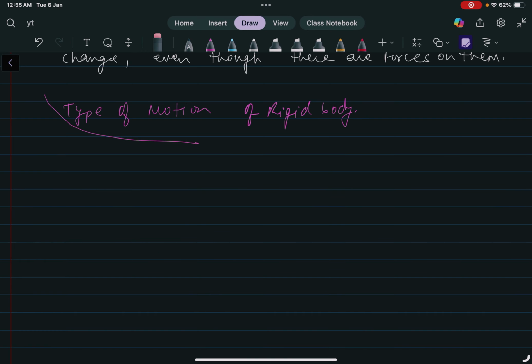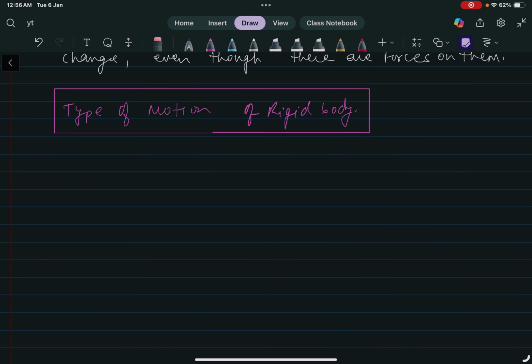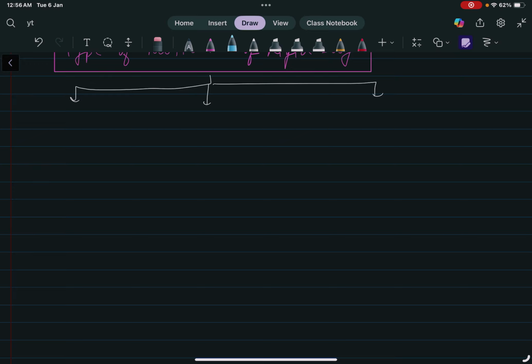There are three types of motion of a rigid body. The first is pure translational motion.